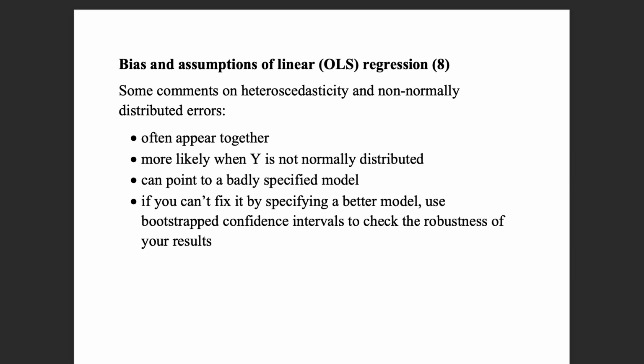By the central limit theorem, the average of all those regression coefficients should be identical to the true population regression coefficient, and the individual coefficients will follow a roughly normal distribution around that population regression coefficient, if we have sufficient observations.